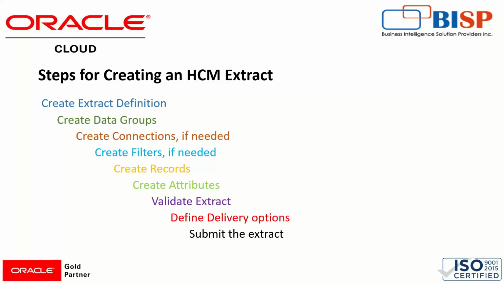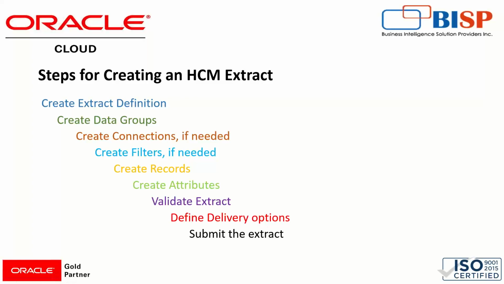We have to validate under this step, validate extract. We have an option available, so we can validate our extract by going through that option. Then after validating the extract, we have to define the delivery option. Whatever delivery option we want to opt for our extract, we have to define that one.